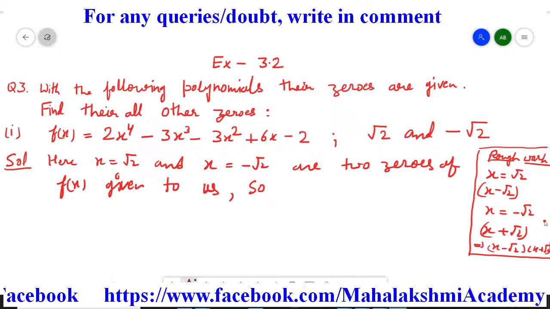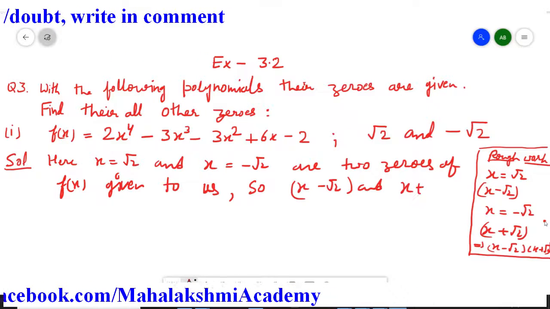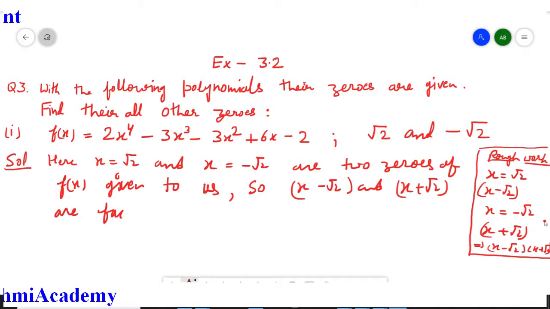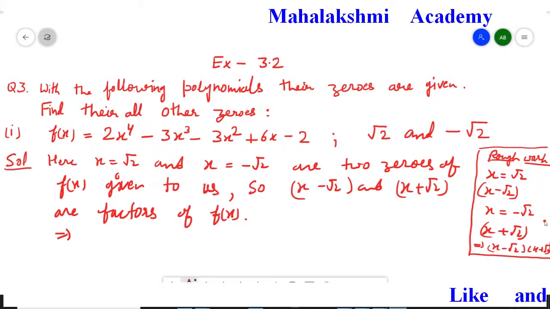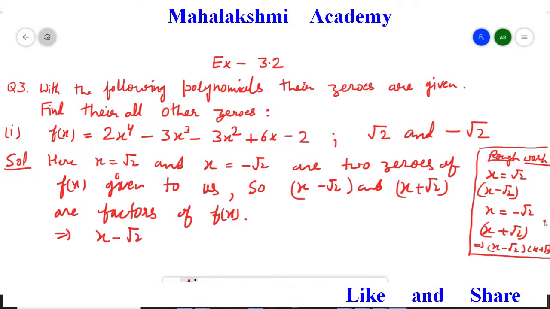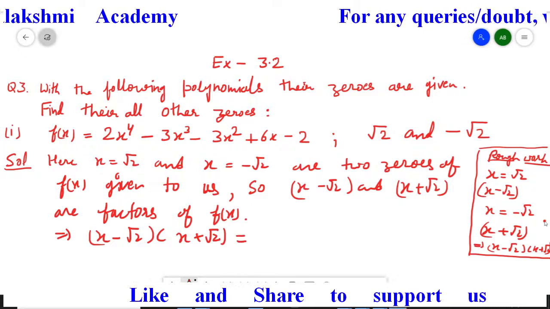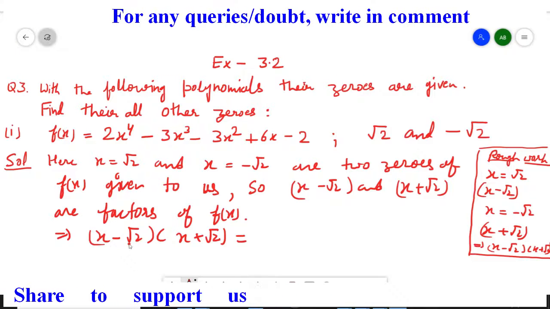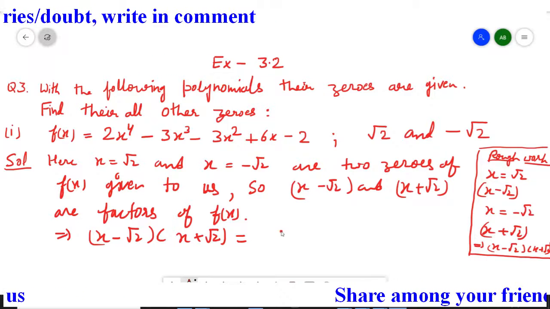So x minus root 2 and x plus root 2 are factors of f(x), which implies x minus root 2 multiplied by x plus root 2 is equivalent to, because students, just see here, x minus root 2 and x plus root 2 is in the form of a minus b, a plus b, that is a square minus b square.